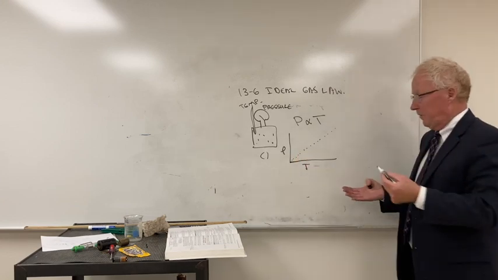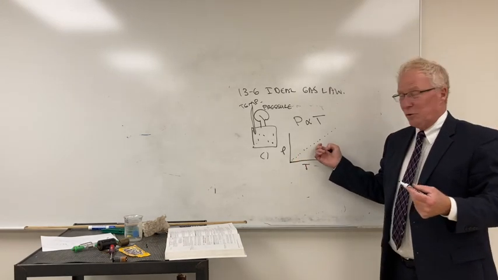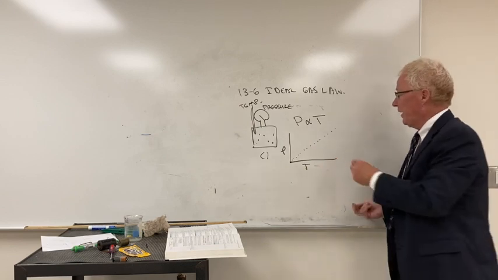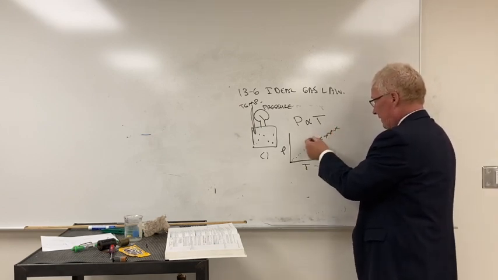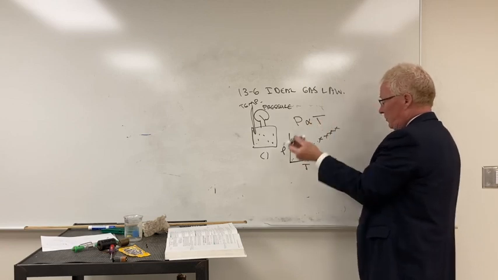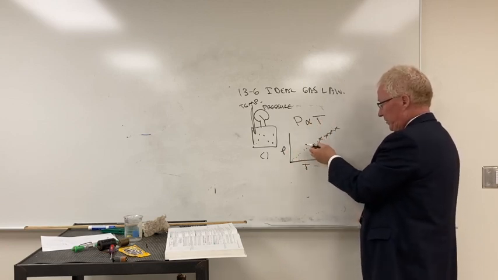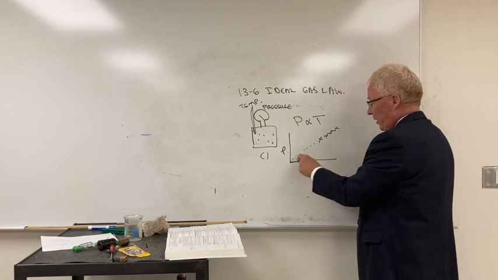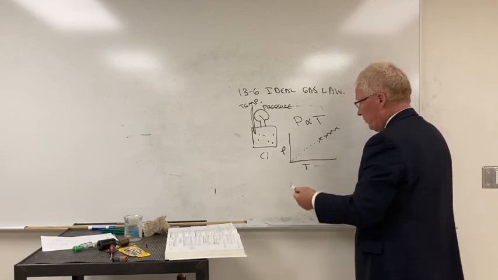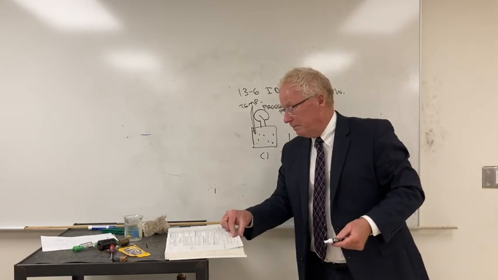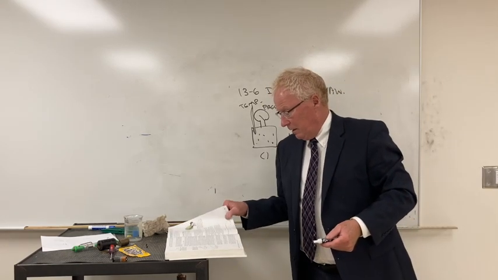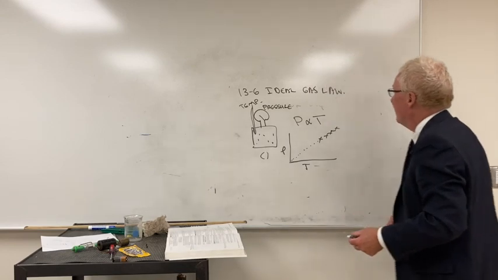So they were able to figure out what absolute zero would be just by plotting pressure versus temperature for gases at reasonable temperatures that you could actually achieve, and realize you extrapolate it down, it would cross 0, 0.